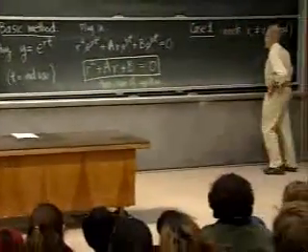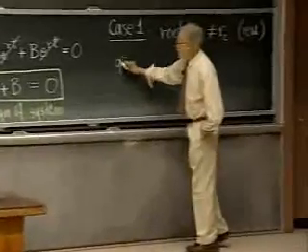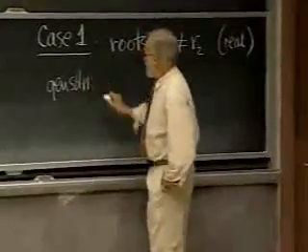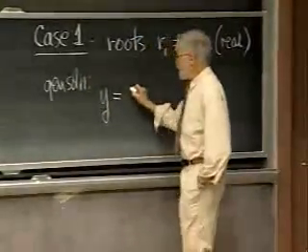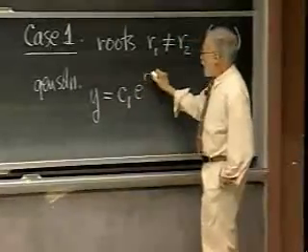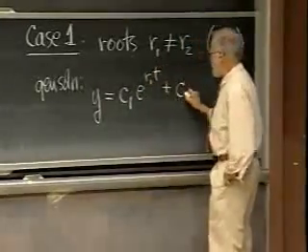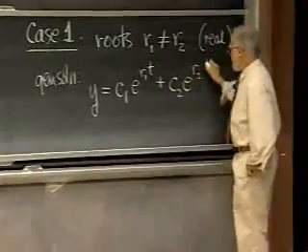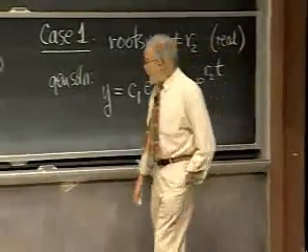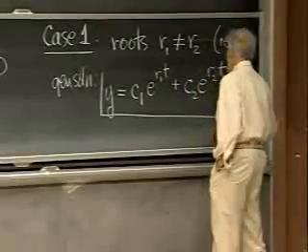So the general solution to the equation, I write down without further ado, as y equals c1 e to the r1t plus c2 e to the r2t. There's our solution.